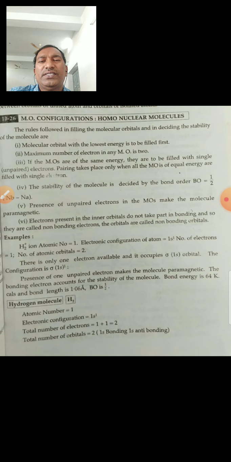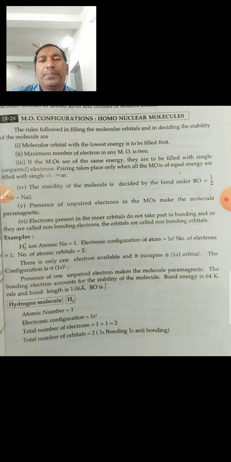Pairing takes place only when all the molecular orbitals of equal energy are singly filled. Next, the stability of the molecule is decided by the bond order: bond order is 1/2 (Nb minus Na).